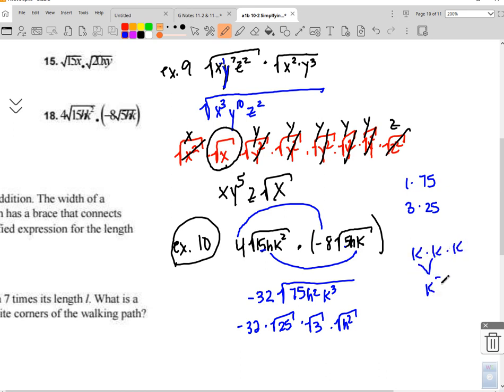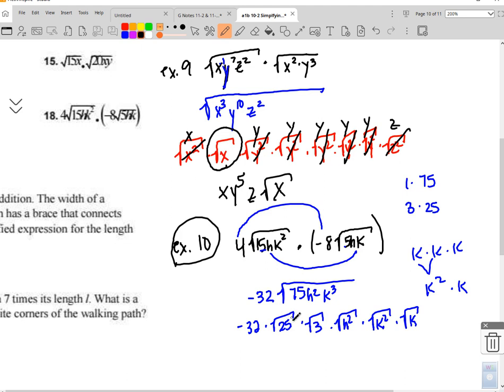Isn't that k squared? Yeah. So we're going to write that as k squared times k, because that's what k cubed is, right? So times the square root of k squared times the square root of k. Now at some point you're going to get a little bit better at this if you practice, and you don't have to write every single thing out like this, but for now I want you to do that.